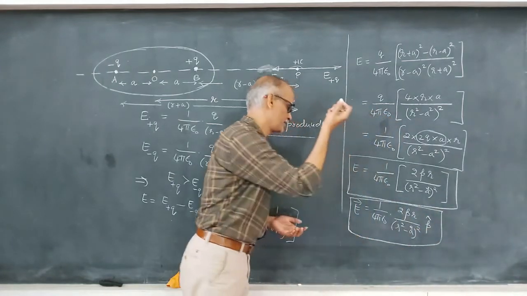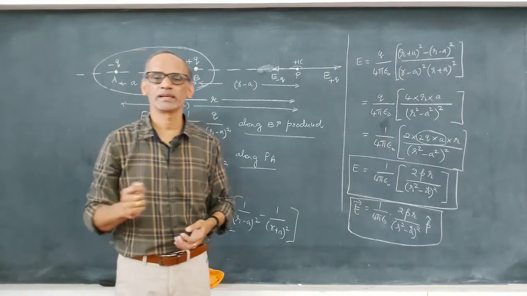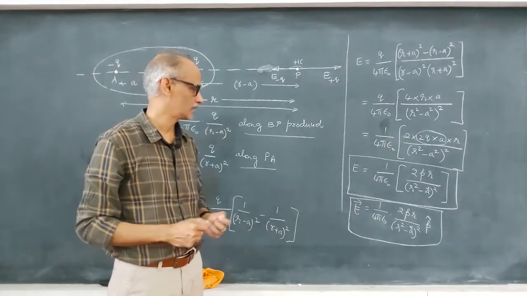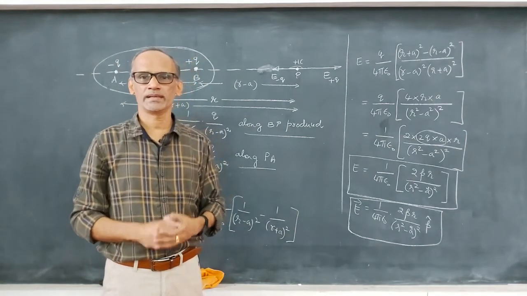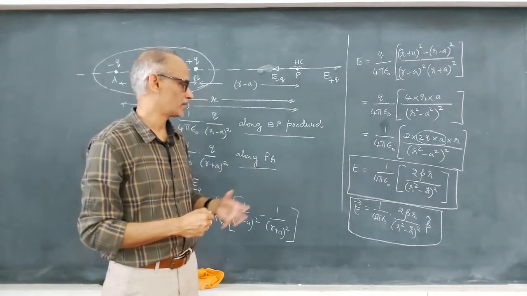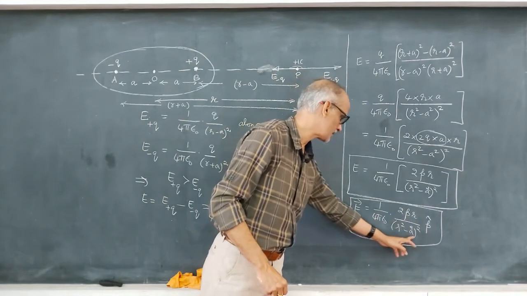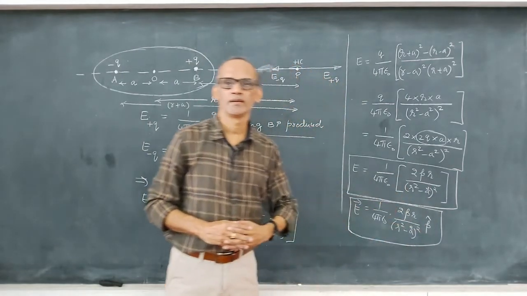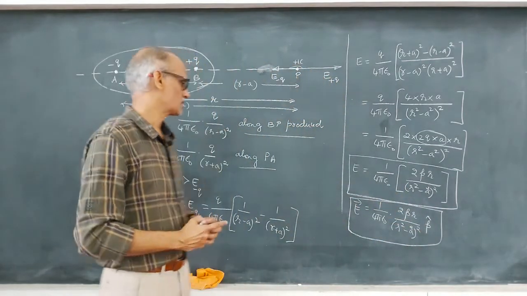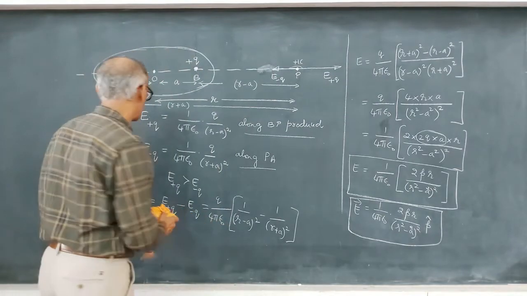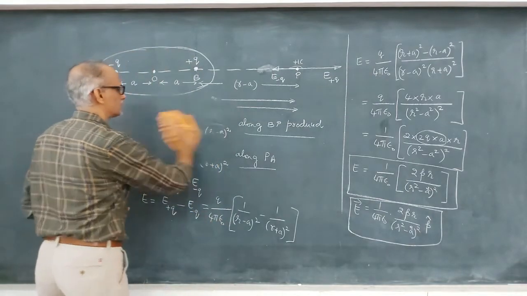So this is again important to write in the examination. This is called the vector form of the electric field at a point on the axial line.